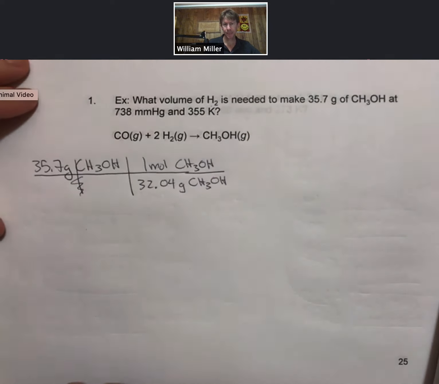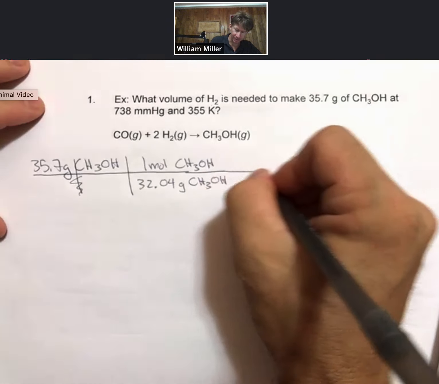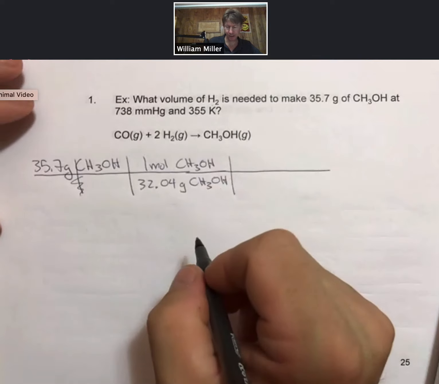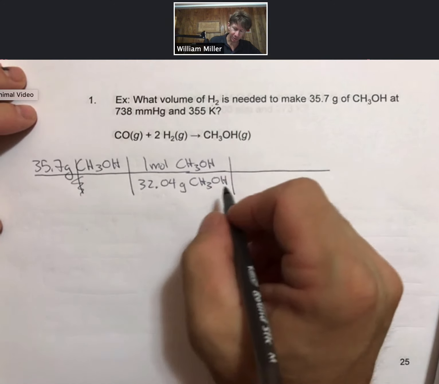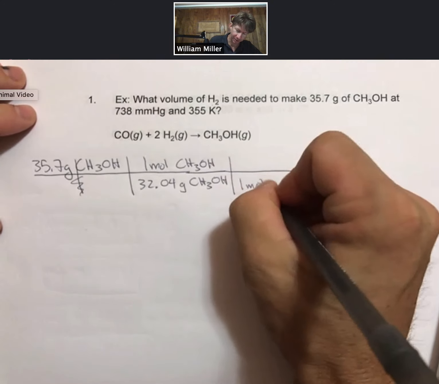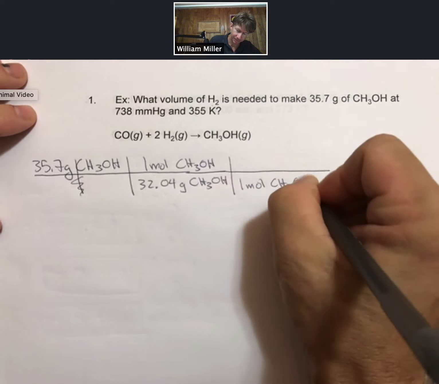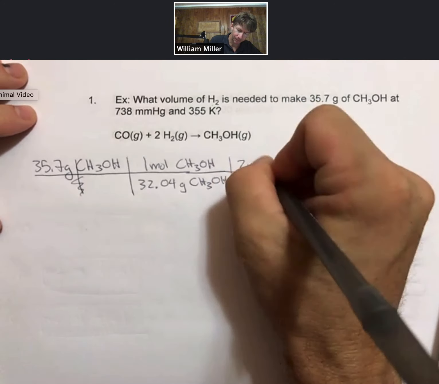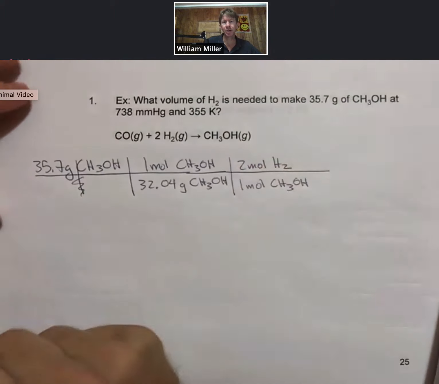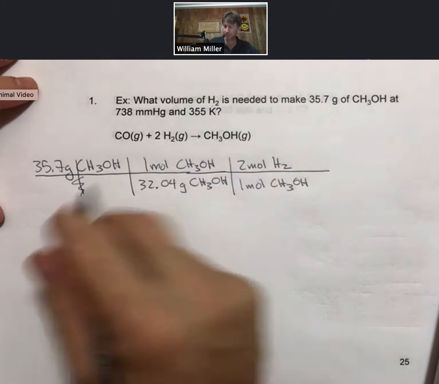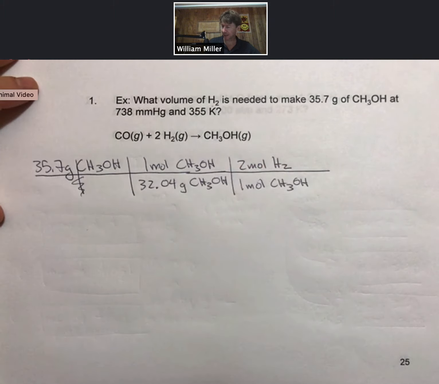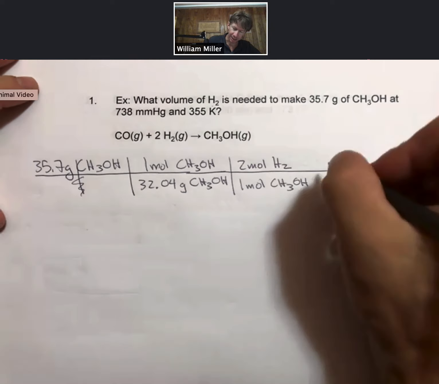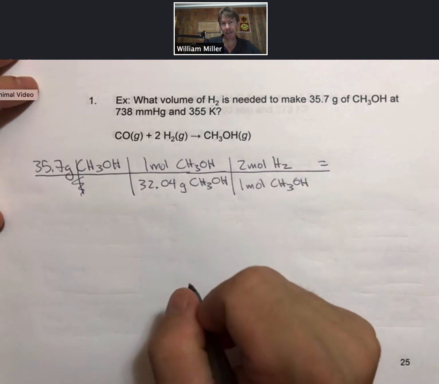From there, we need a mole-to-mole ratio. For this one, we're going to put 1 mole of methanol on the bottom and 2 moles of hydrogen on top. This will get us moles, and this is where I'm going to solve and then plug into the ideal gas law.